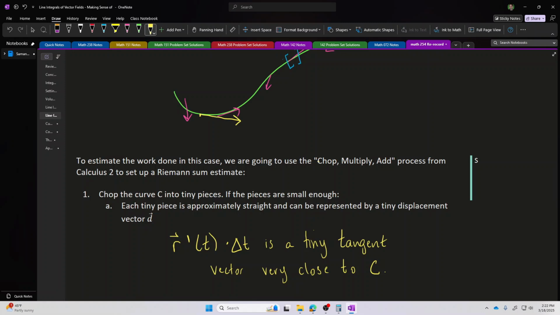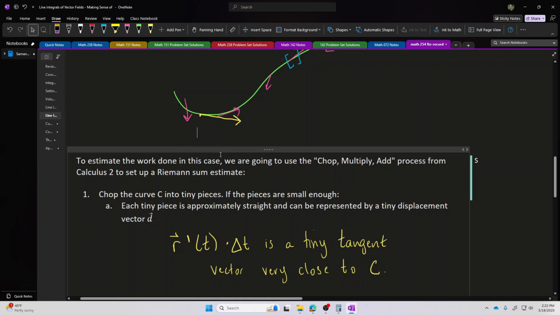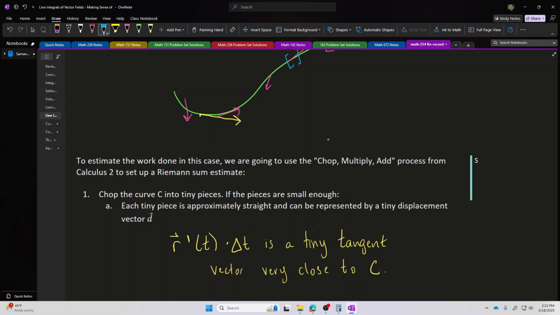Now, if the tangent vector is too long, then that might give it too much opportunity to pull away from the curve C. So instead, we use this factor delta t to shrink the tangent vector and make it short, and therefore this shortened tangent vector should be a good approximation to a short piece of the curve C.